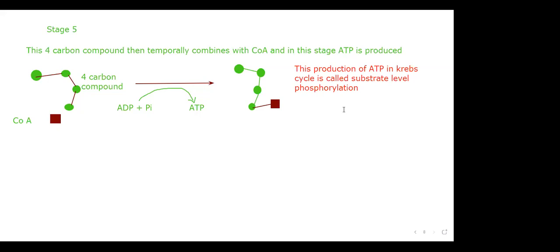This reaction generates energy, and that's why we call it substrate level phosphorylation. Is it clear, Vivit? Yes, sir. Okay. Then stage 6.